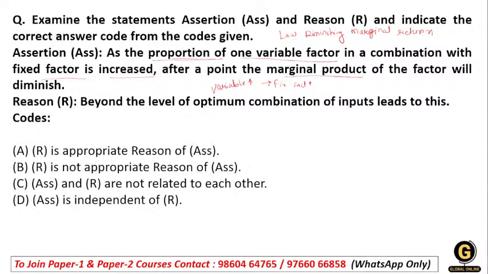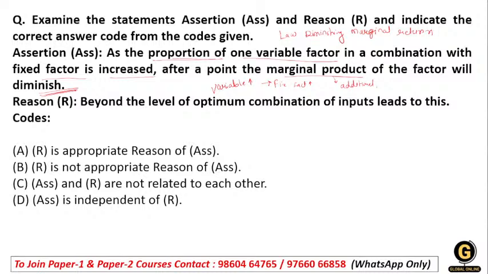In that condition, when we talk about the marginal product, that means if we add one more unit of a factor, it leads to diminishing returns. For example, if I consume gulab jamun, with each and every unit I consume, my utility and satisfaction go downward.